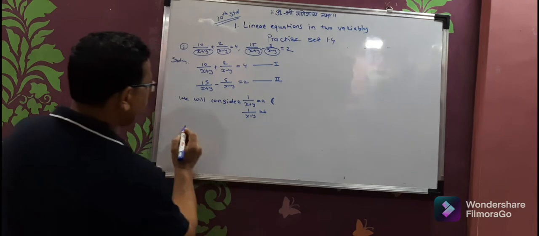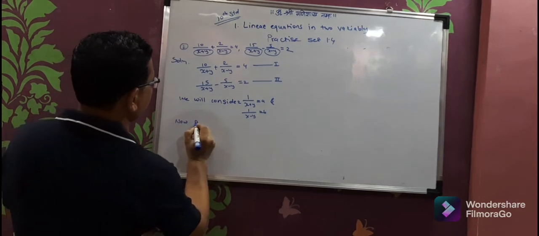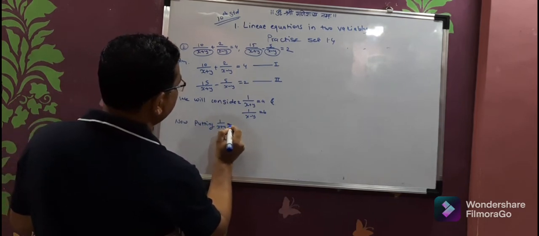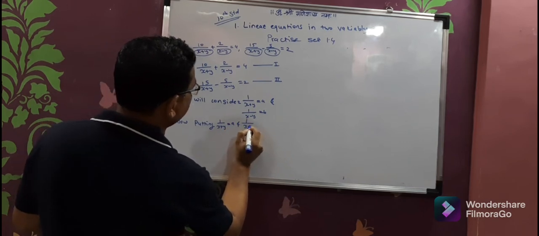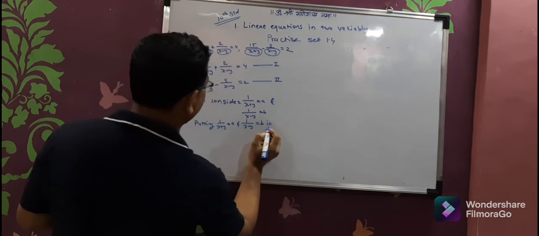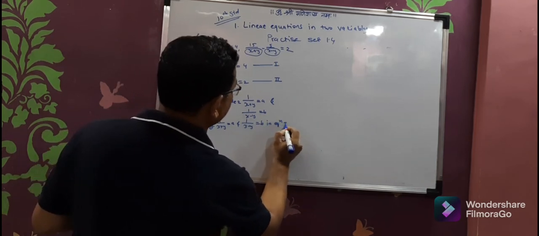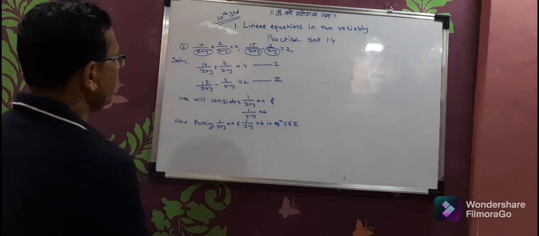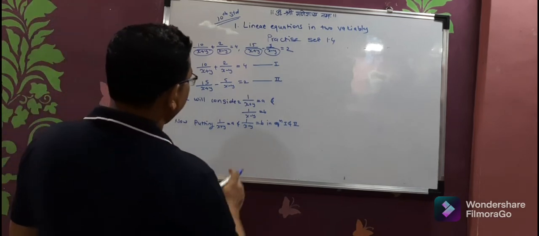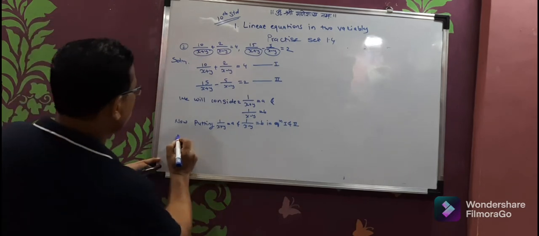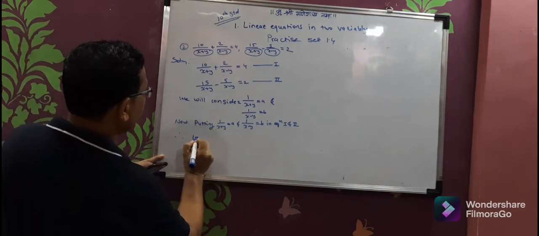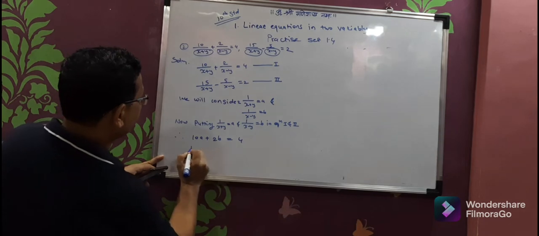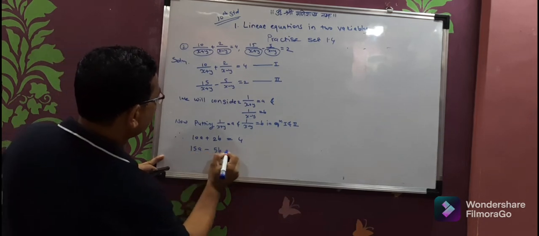Now putting these values in equations first and second, the equations become 10a plus 2b is equal to 4, and 15a minus 5b is equal to 2.